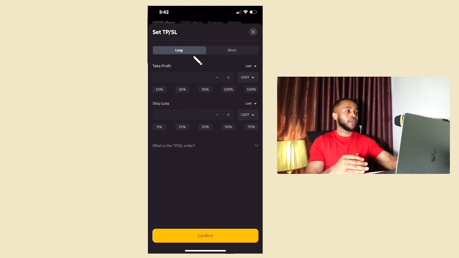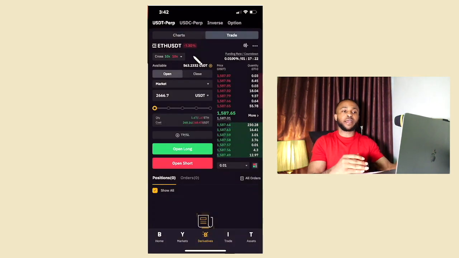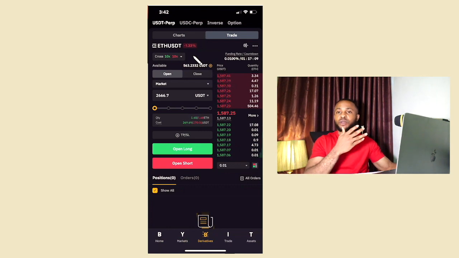So this is all an example I'm actually using to explain to you why it's very, very important to know where your entry point is, your invalidation, and then your take profit, so that you don't enter into a trade and then you don't have your stop loss in, you don't have your take profit, and then you don't even know when to take profits.